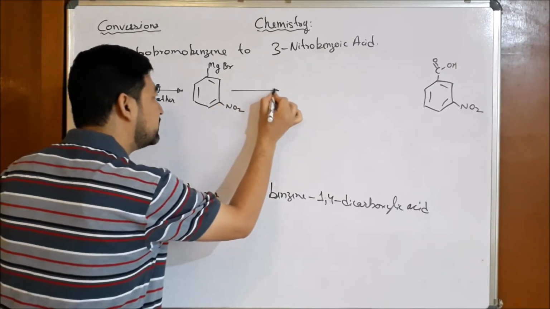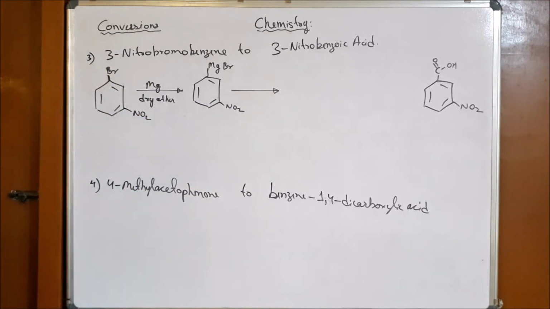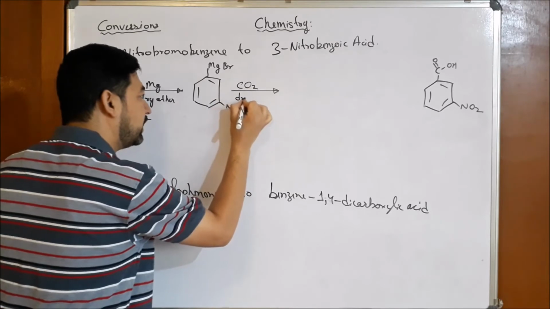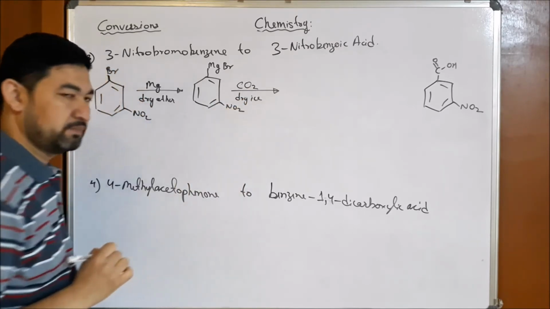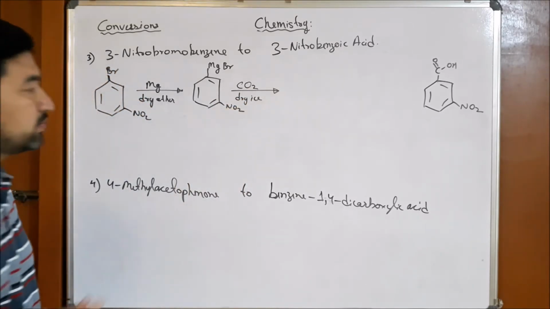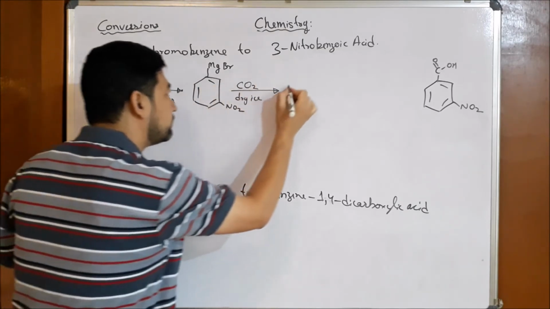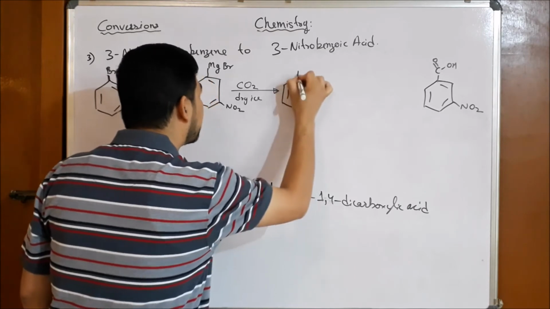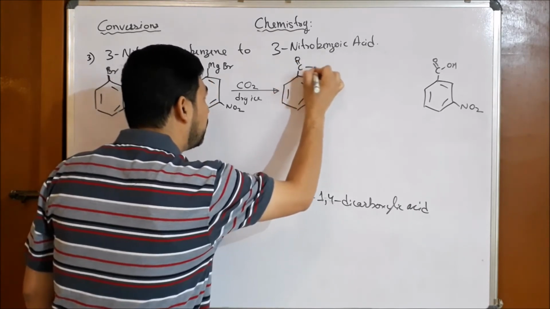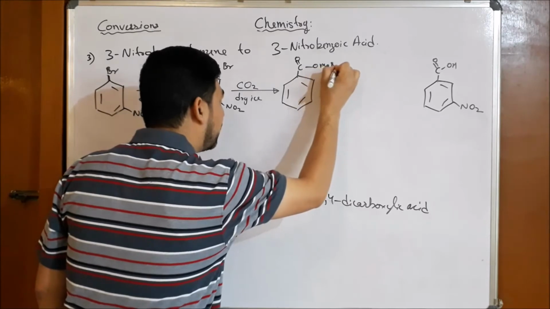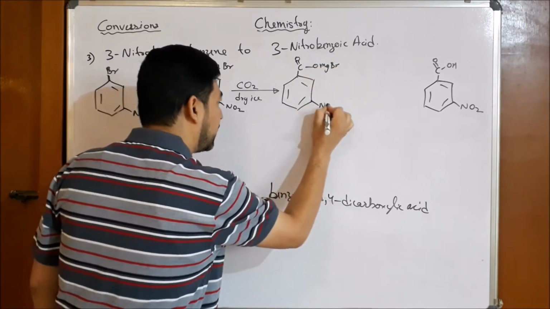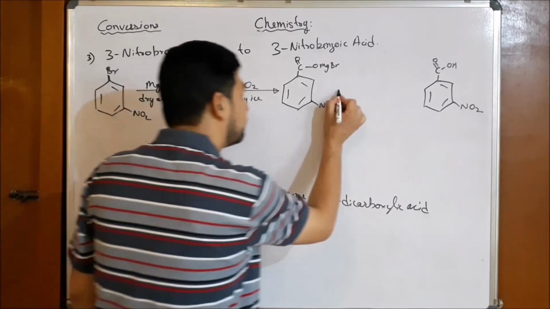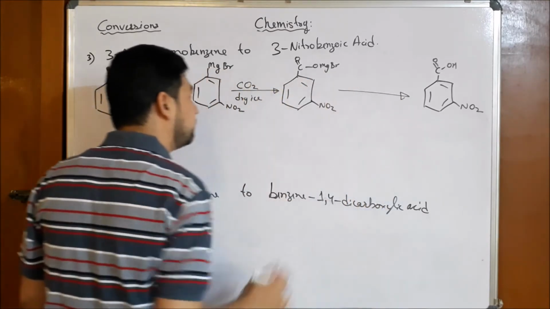Now when this Grignard reagent is treated with carbon dioxide in the form of dry ice, remember, dry ice, solid CO2, then this product will be formed: C double bond O, OMgBr, and nitro will be as it is. Now our problem is just to remove this MgBr.